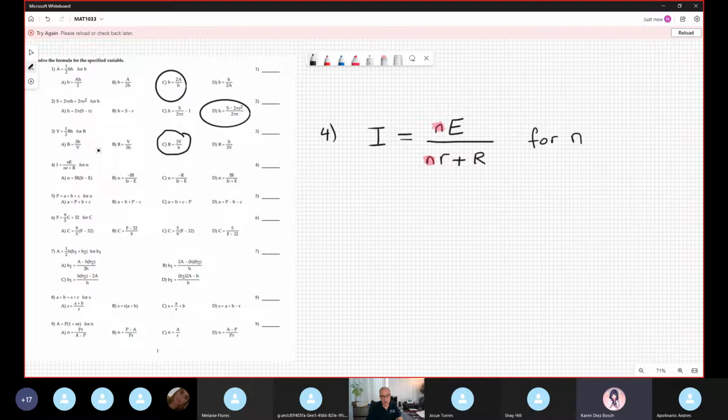However, if you consider this like one whole, of course you will have plus, but you can multiply this times this, using parentheses, and this times this. By the way, this is an invisible one, no? So algebraically, capital I times nR plus R is equal to nE.